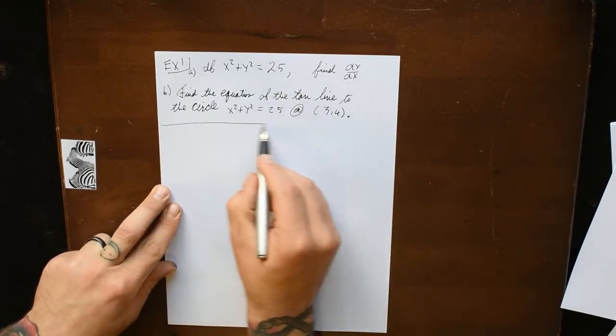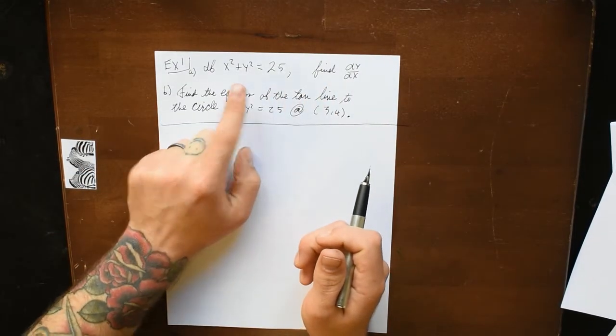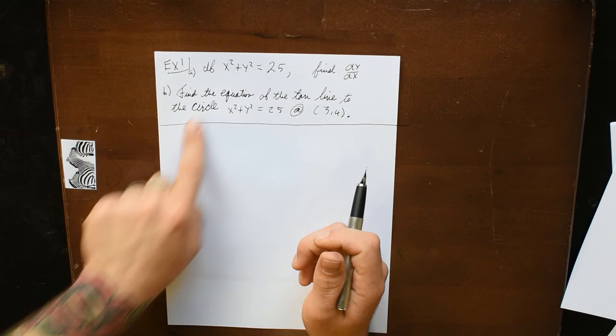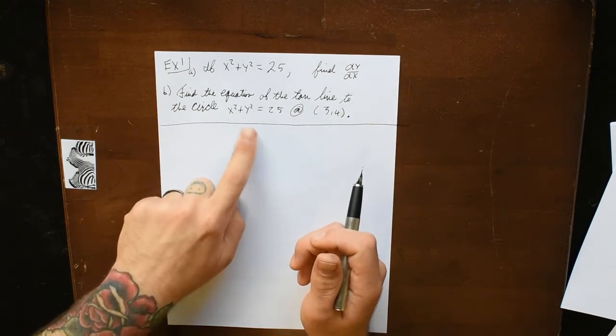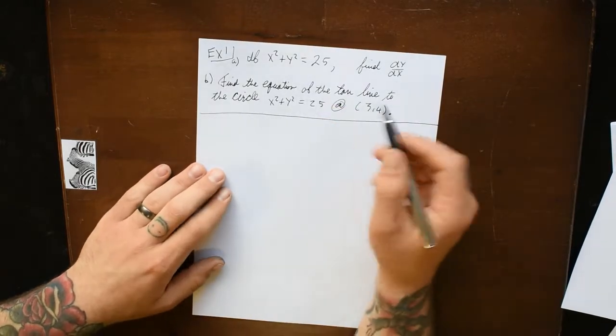So that's what we're going to do. We're going to find dy dx, given that, and we're going to find the equation of the tangent line to that circle.